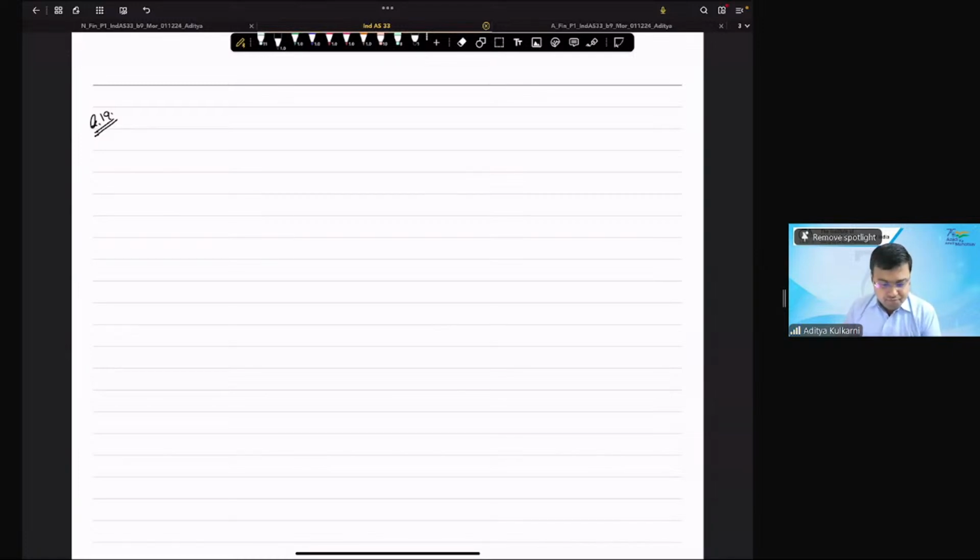Now, first, we will compute weighted average number of equity shares. Is it okay? We will first do the weighted average calculation.